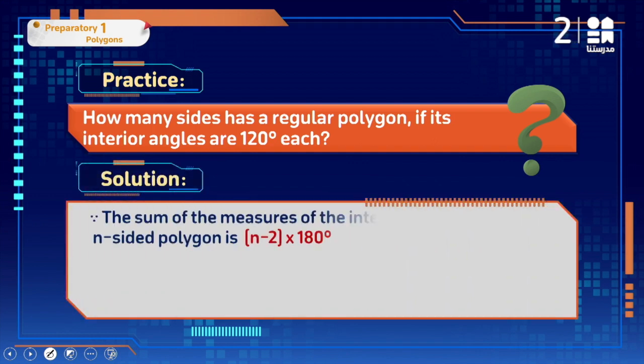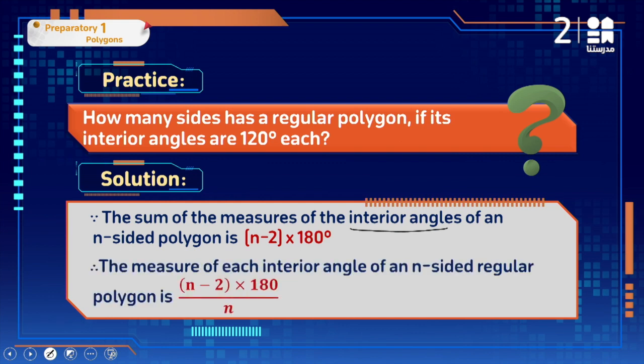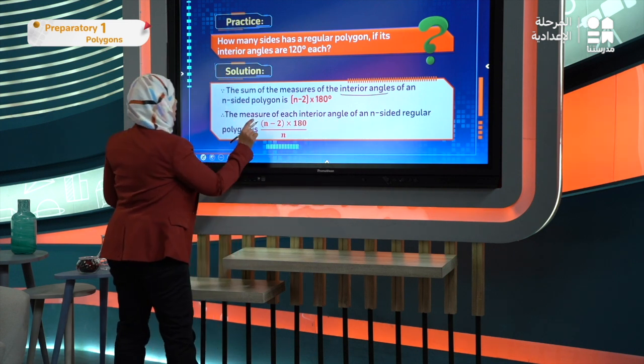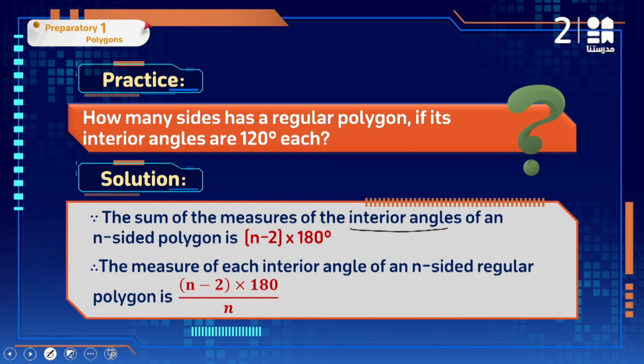The solution: since the sum of the measures of the interior angles of an n-sided polygon is n minus 2 times 180, the measure of each interior angle is n minus 2 times 180 divided by n.